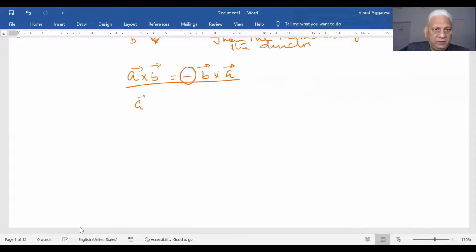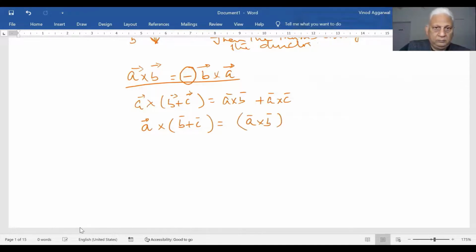Another is, if we multiply A cross B plus C, this is the same as A cross B plus A cross C. Is it correct?